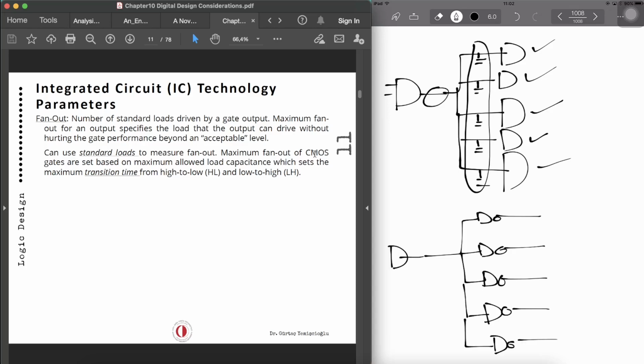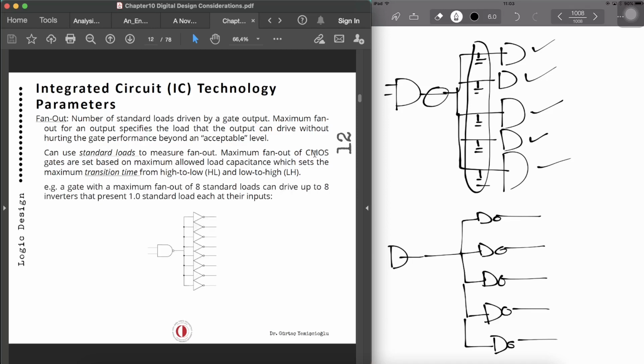This can be a buffer as well. It doesn't need to be an inverter, depending on the logic operation that you are doing. You can feed a buffer, so you are actually buffering the signal. Buffering the signal means restoring it to its original voltage level or logic level. So this can help us to not degrade or hurt the performance of the gate. That's what fan out is. And this is also demonstrated over here.